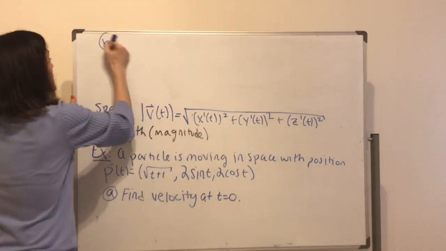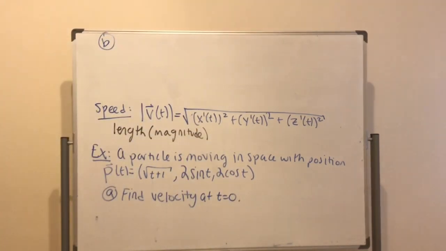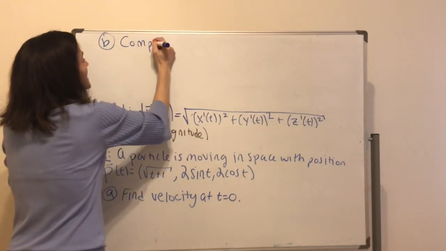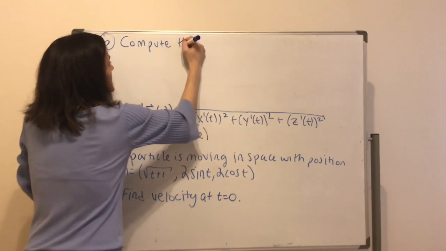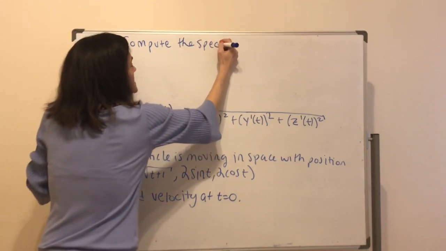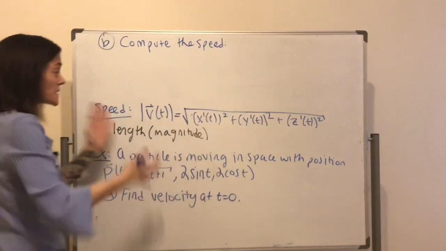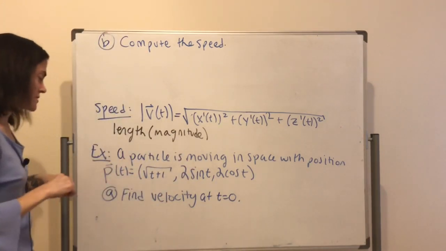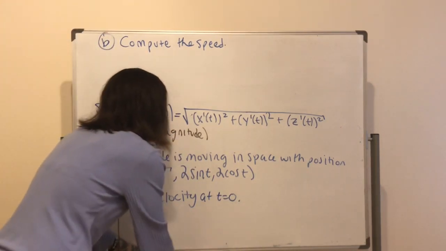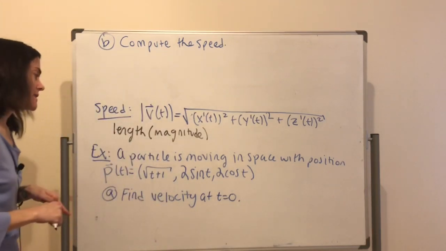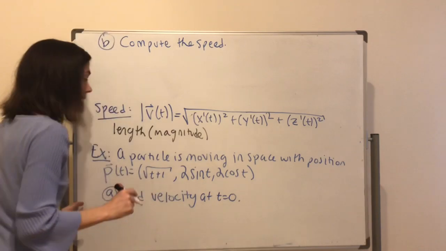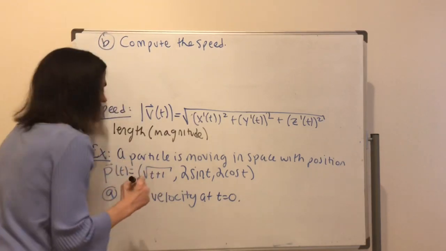And then part B, we want to find the speed, compute the speed. Okay. Very nice. We will practice with these concepts before we get into displacement and distance traveled. Okay, well, the velocity at time t equals 0. First, we differentiate, and then we evaluate at 0.